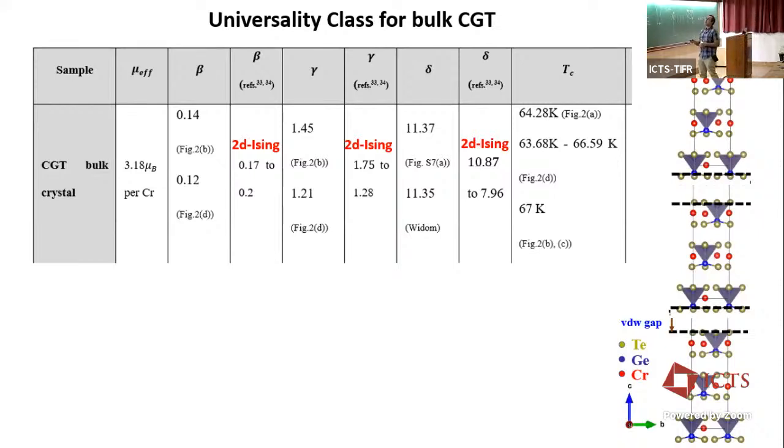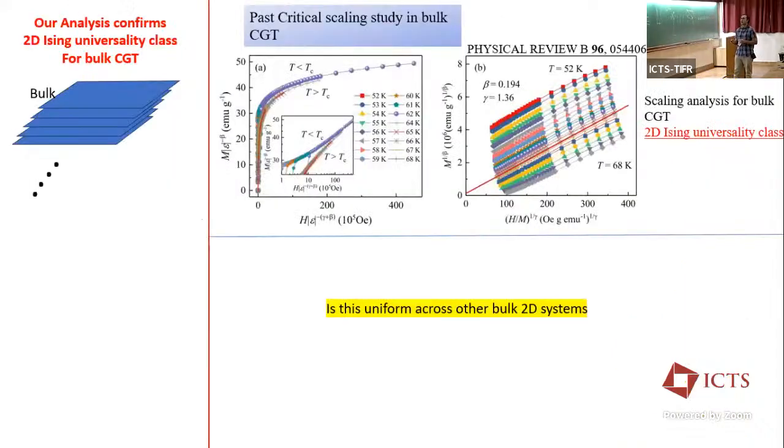And so you have these 2D Ising like spins on the chromium atoms sitting in this system. And this of course has been seen in the past also. People have reported that the bulk should follow the Ising like scaling.